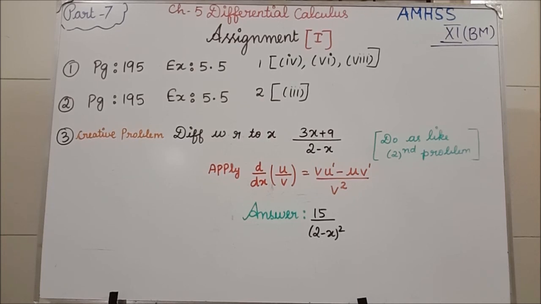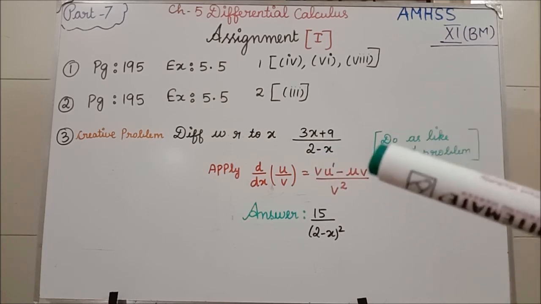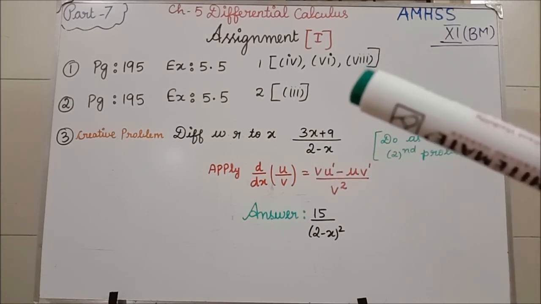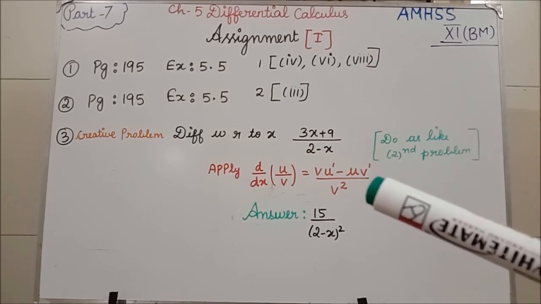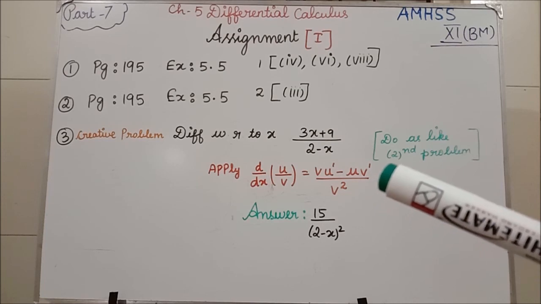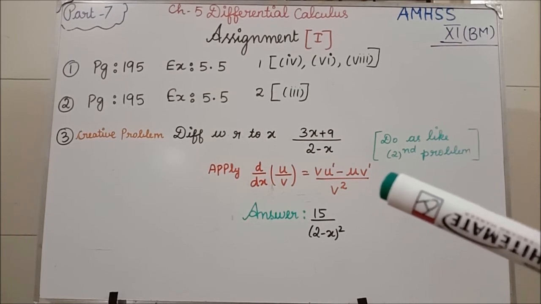Clear? The third question is a creative problem. The question is: differentiate with respect to x. See, the question is given as a fraction like the second problem. So if it is given as a fraction, you have to go for the quotient rule. This is the quotient rule formula I have written. You have to solve it.